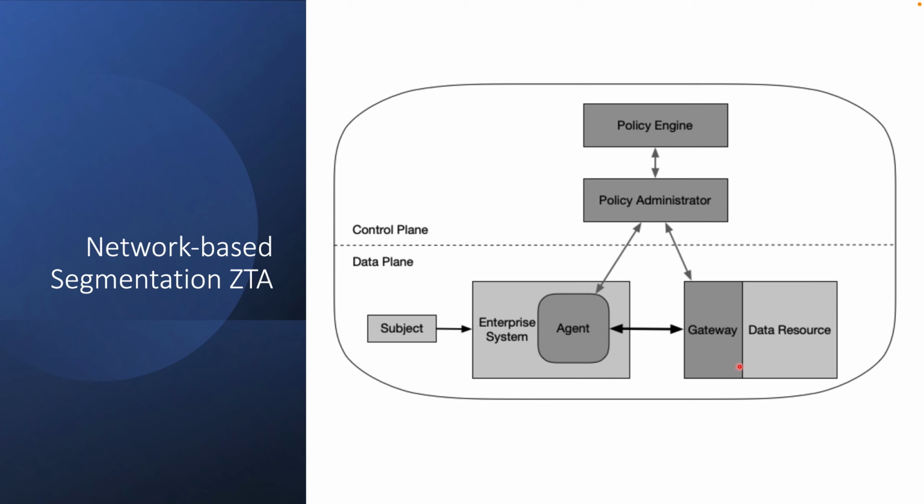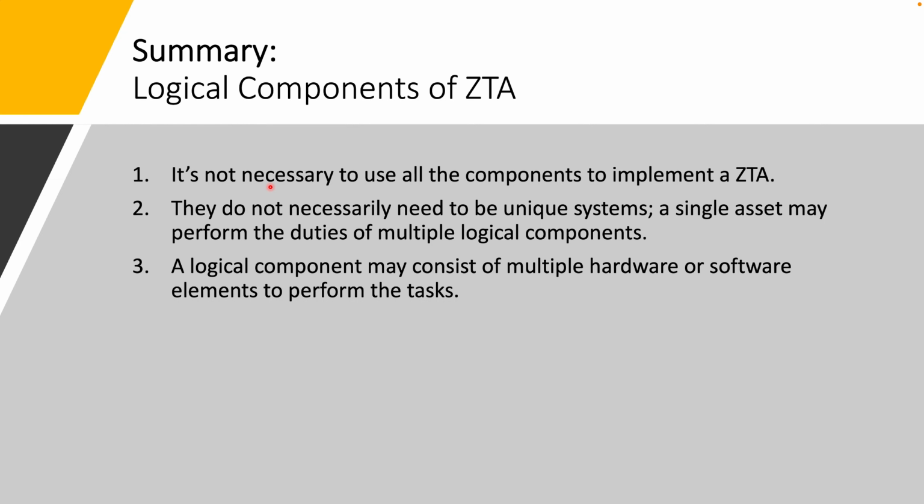So it's also called the software-defined perimeter approach. To be honest, I feel this one is like a conventional perimeter-based security model. But this Zero Trust white paper lists it here, so let's just be aware of it.